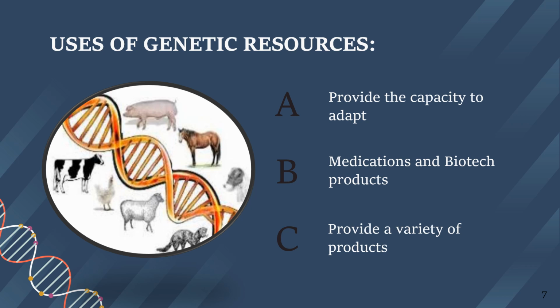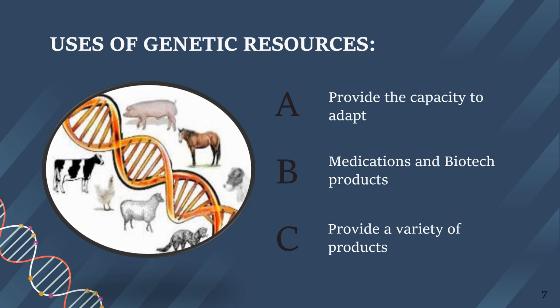Now, in this slide, we will discuss uses of genetic resources. The value of genetic resources to mankind is so vital that they have to be available for use for the good of humankind, both in the future and now. The first point says that it provides the capacity to adapt.